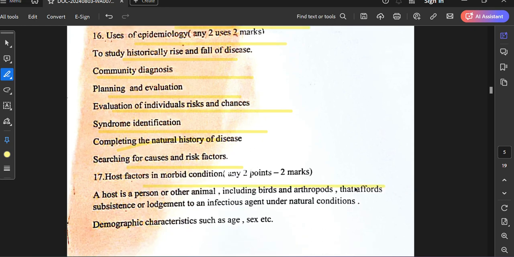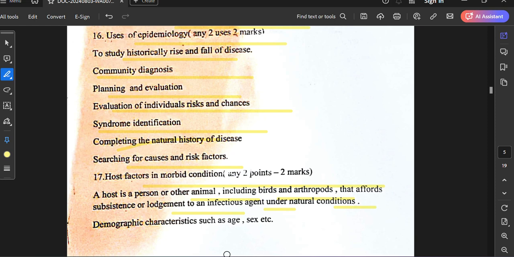What are the host factors in morbid conditions? A host is a person or other animal, including birds and arthropods, that affords subsistence or lodgement to an infectious agent under natural conditions.